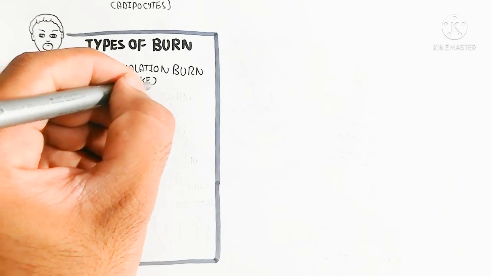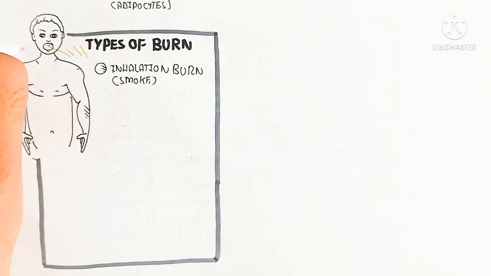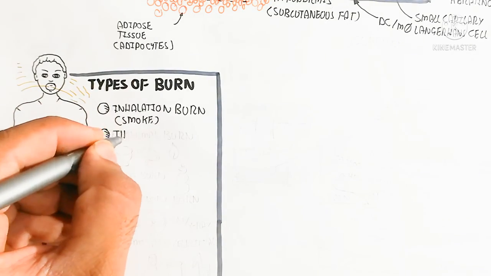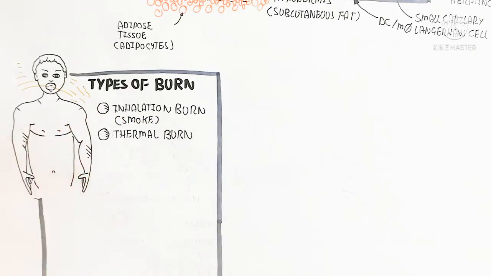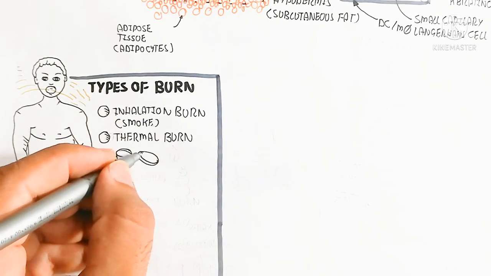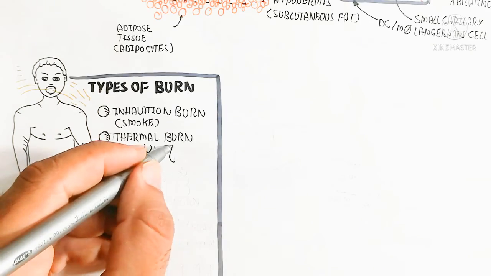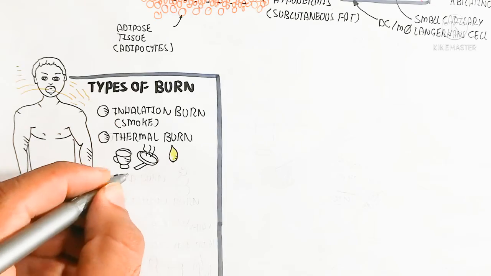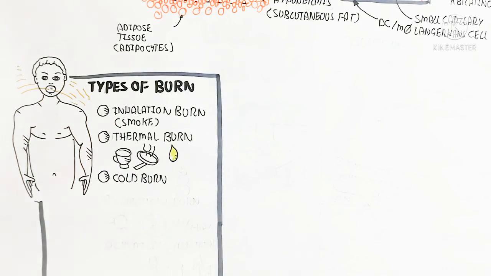So let's begin to understand the types of burn. Different types of burn can occur in a person. For example, inhalation of hot smoke causes an inhalation burn, and thermal burns occur when hot things or hot liquid come in contact with the skin.